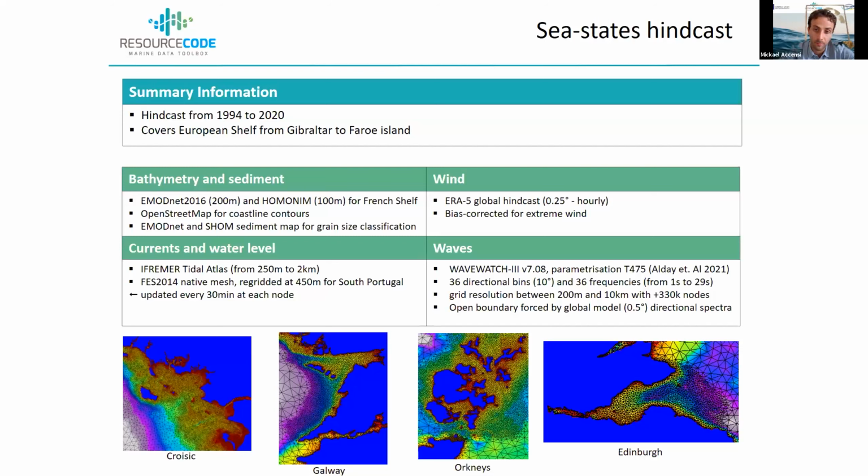About the spatial resolution, as you can see on the figure below, the mesh is based on triangles with size varying between 200 meters and 10 kilometers, depending on depth gradient and the coastline complexity. The complete mesh has more than 330,000 nodes. So that's a lot, but that's needed to get really high resolution.